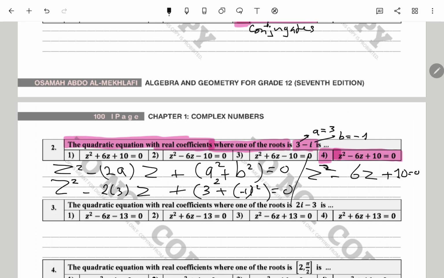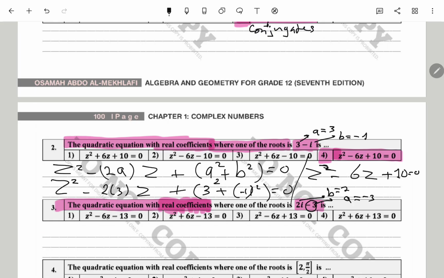In question number 3, you have the quadratic equation with real coefficients again. So real coefficients means you are going to focus on the conjugates, where one of the roots is 2i minus 3. So you have the value for a, which is negative 3, and try to focus on what he gives you, because he makes a switch between them, so you may get confused. This is a and this is b, which is going to be equal to 2.